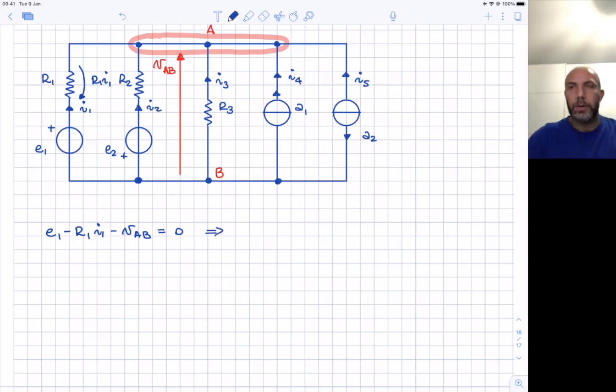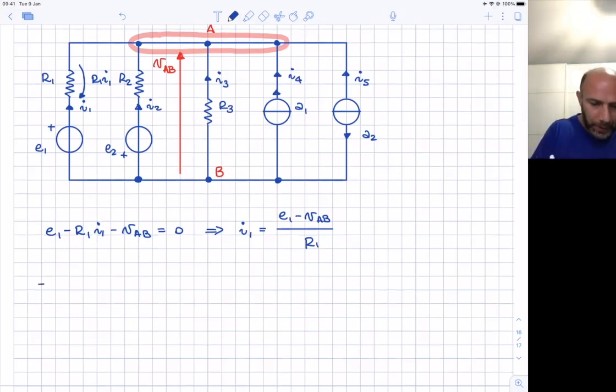So we can calculate the current I1 as E1 minus VAB divided by R1. In a similar way, we can calculate the current I2 by applying Kirchhoff voltage law to the branch 2 and using VAB as a closure for the closed path.